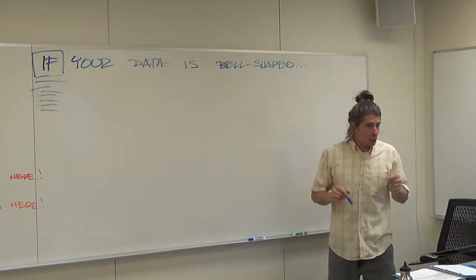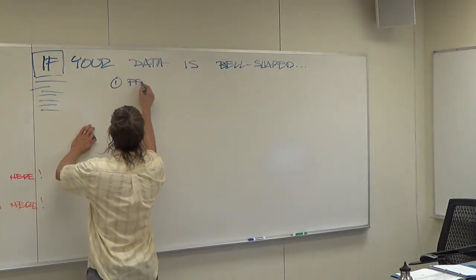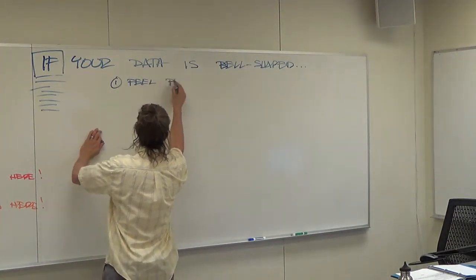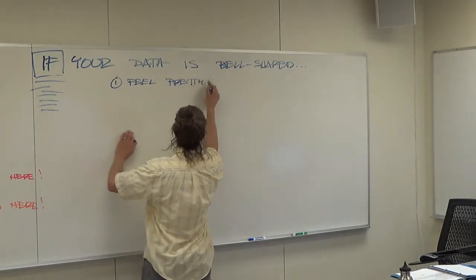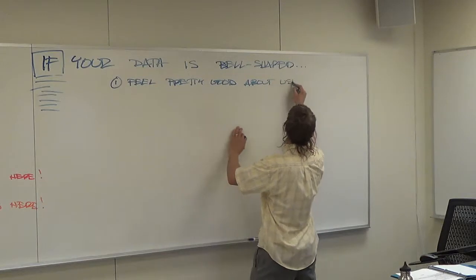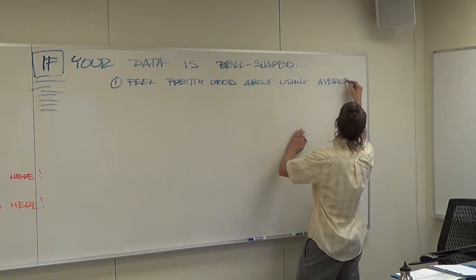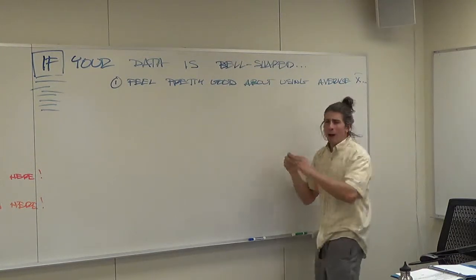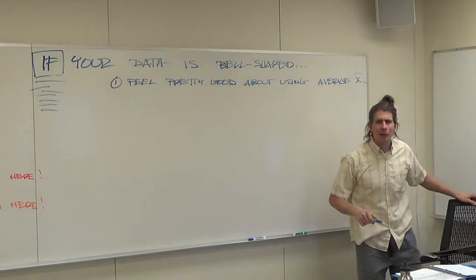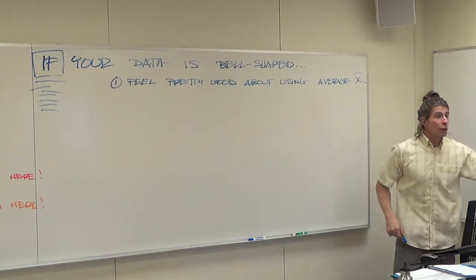If your data is bell-shaped, the first thing is feel pretty good about using that average, X bar. And why do you think I say feel pretty good about using the average X bar? There's no skew.